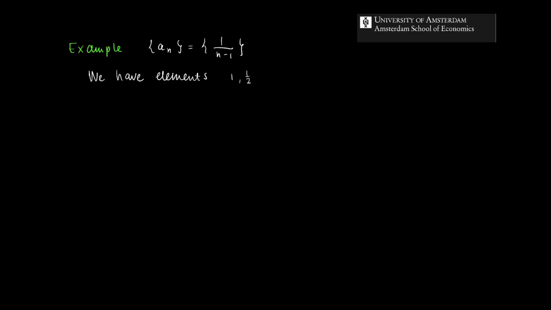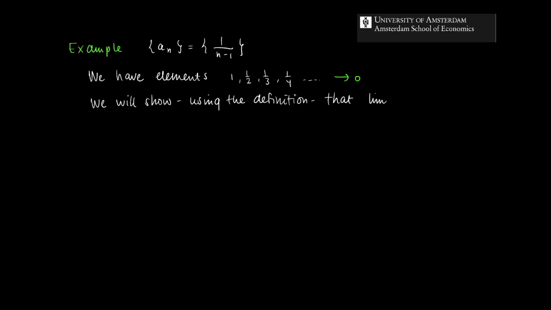And then for n equals 3, we have a half, 1/3, 1/4, etc. So it seems that this sequence, when n gets arbitrarily large, tends to 0, right? I will now show, using the definition I discussed before, that the limit for n to infinity of this sequence a_n equals 0.